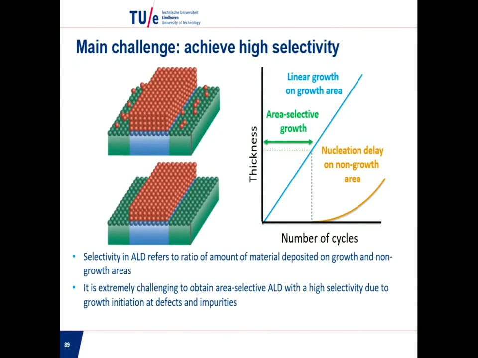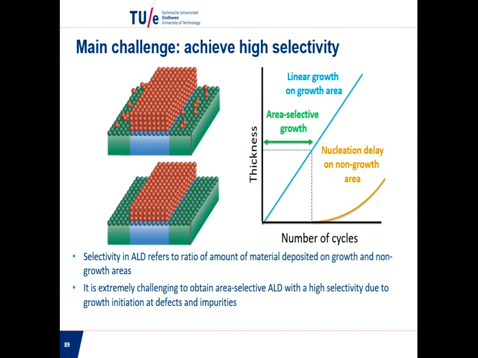One of them is that it is generally very difficult to achieve a high selectivity. And with selectivity we mean the difference in how much deposition we get on the growth and the non-growth area. What we would like to have is perfect selectivity where we only get deposition where we want it.